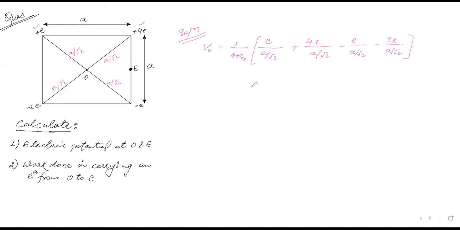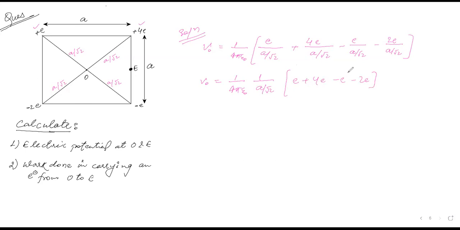You can take A by root 2 as common. V at O is 1 over 4 pi epsilon naught times 1 over A by root 2 times E plus 4E minus E minus 2E. Can you tell me the total value?